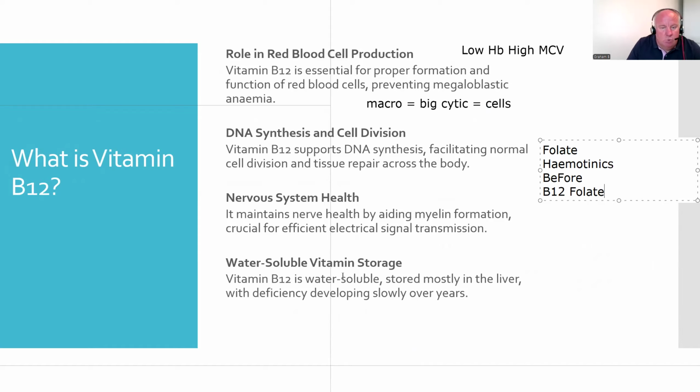Because B12 is water soluble, it's mainly stored in our liver, and the liver can store B12 for about 2 years. So it could take a while for a B12 deficiency to show. If you stopped eating vitamin B12, it might be 6 months, a year, or 18 months before you start to feel the impact of that deficiency.